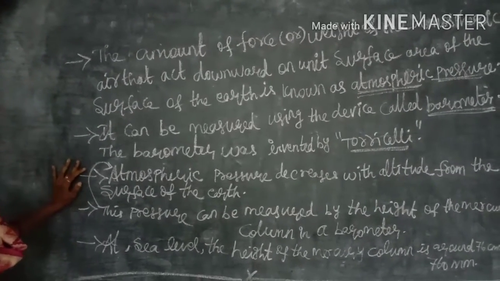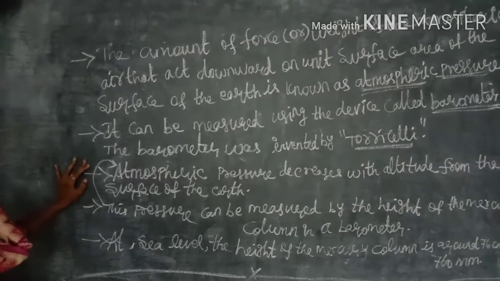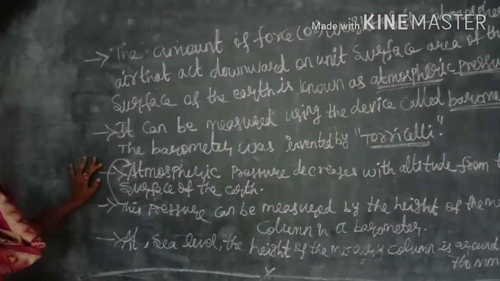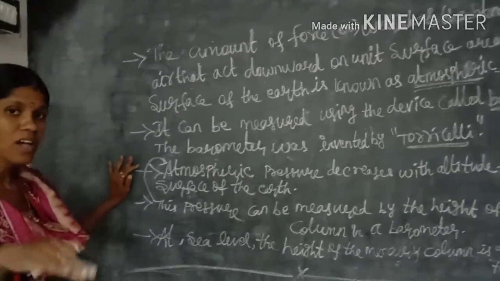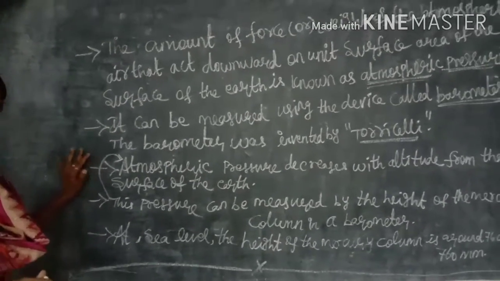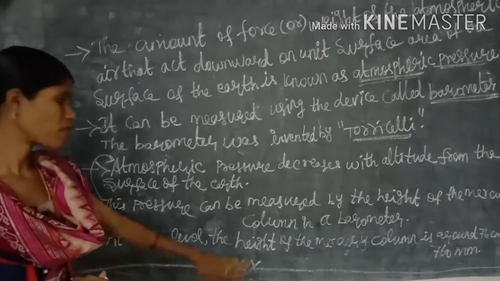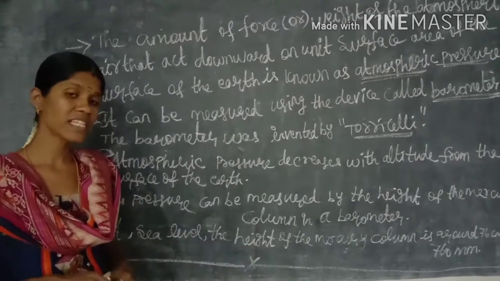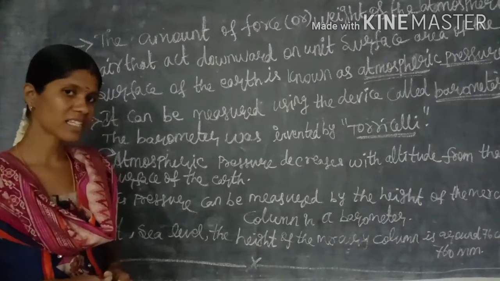At sea level, the height of the mercury column is around 76 centimeter or 760 millimeter.